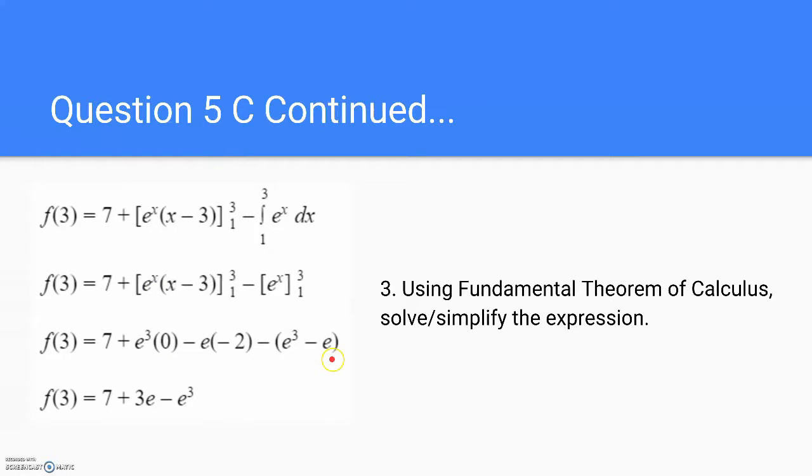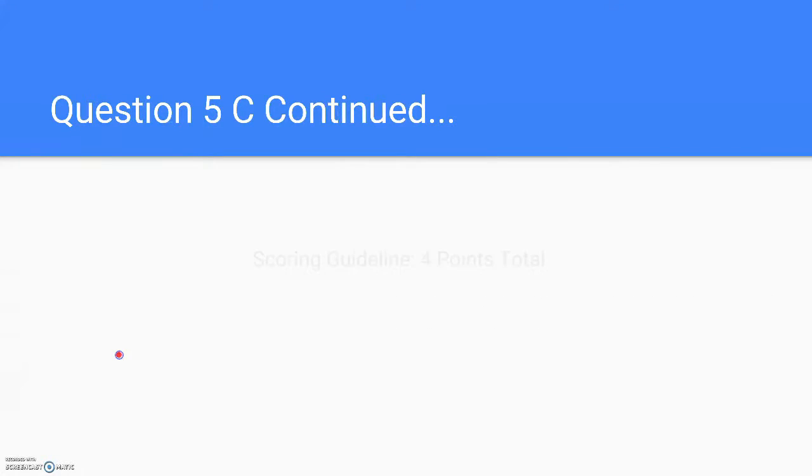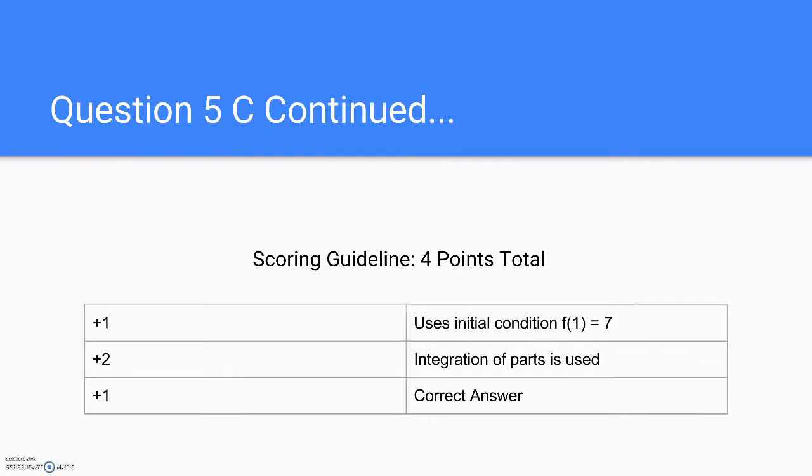It's like so, and f of 3 will be equal to 7 plus 3e minus e to the power of 3. Here's the scoring guideline. This is 4 points total. 1 point for using the initial condition of f of 1 is equal to 7, plus 2 points for using integration by parts, and plus 1 point for the correct answer.